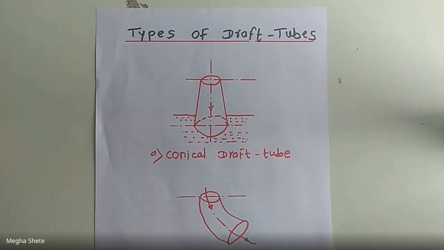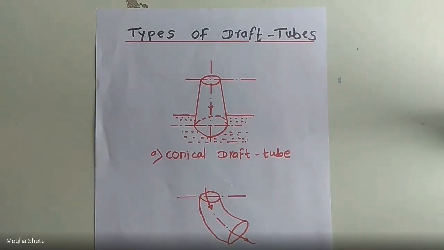Now, one end of the draft tube is connected to the outlet of the runner, while the other end is submerged below the level of the water in the tail race. The draft tube, in addition to serving as a passage for water discharge.